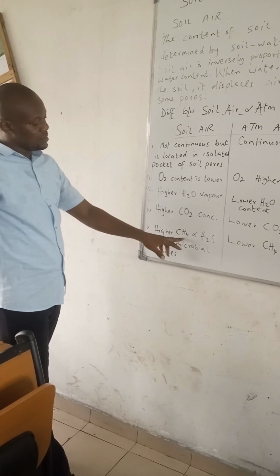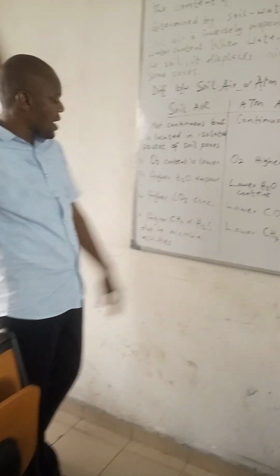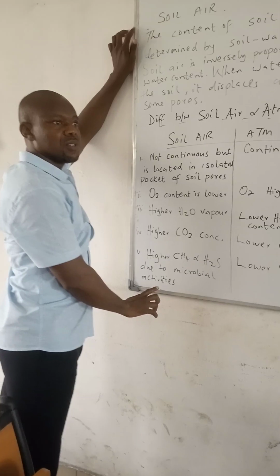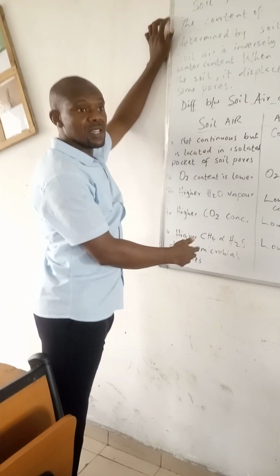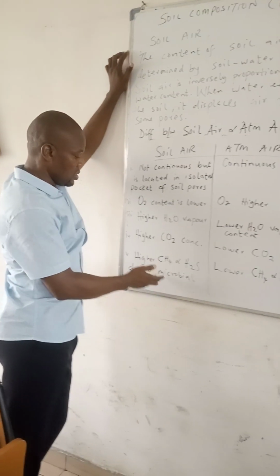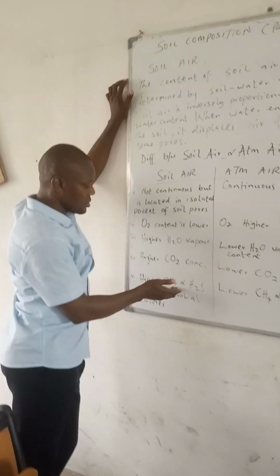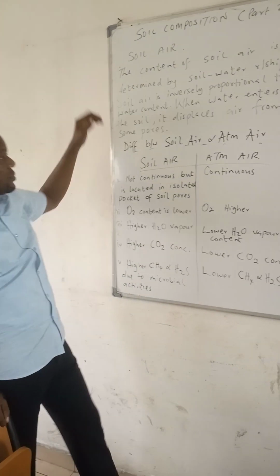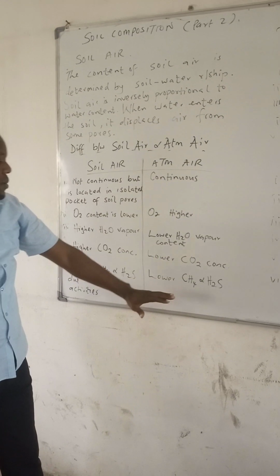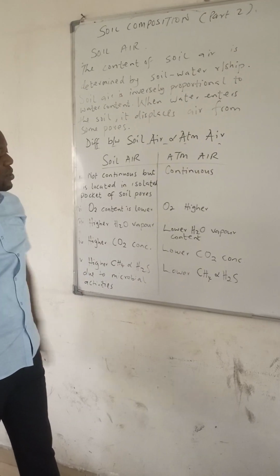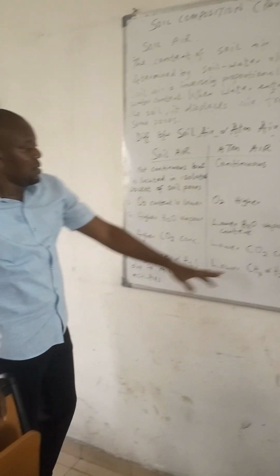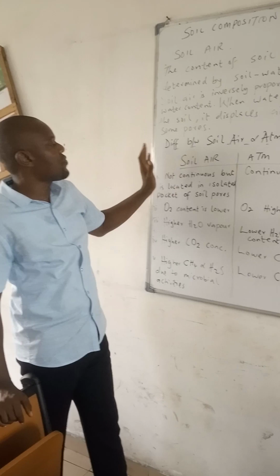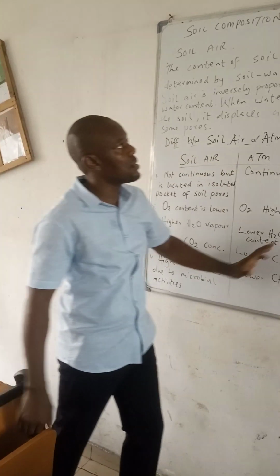Now, methane gas and hydrogen sulfide are higher in soil air because of microbial decomposition. Microbes decompose organic matter to liberate methane gas and hydrogen sulfide, whereas atmospheric air has a lower content of methane and hydrogen sulfide. So these are some of the differences between soil air and atmospheric air.